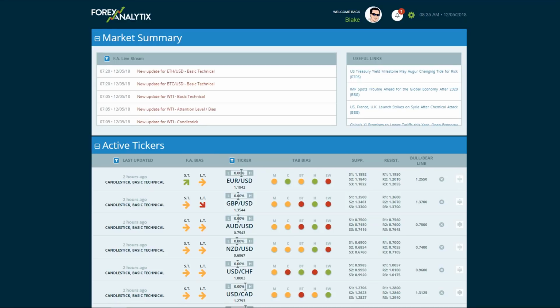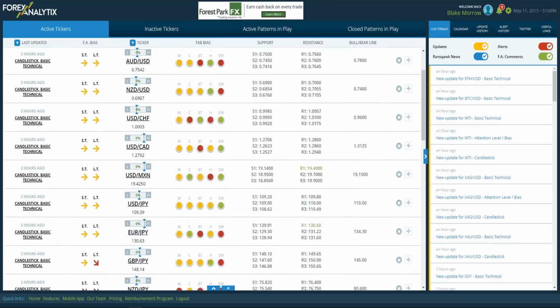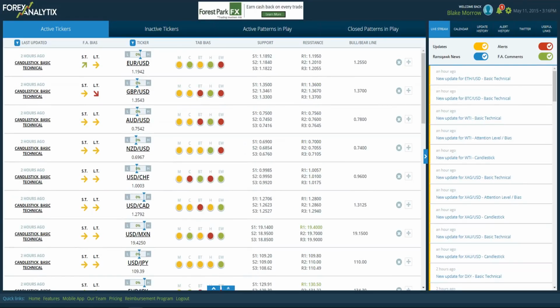But the surprise I wanted to bring you today is that I wanted to show you and take you through really quick the new platform that is in beta, we're currently working on, and is almost finished and ready for general release. Now, you'll look at the platform and you go, well, that looks fairly similar. But the cool thing about ForexAnalytix is we put everything on one page now.